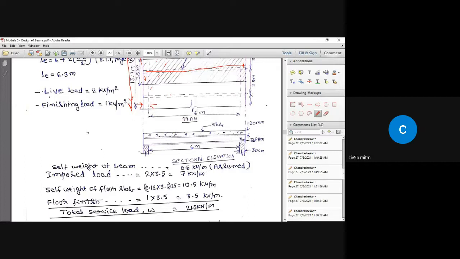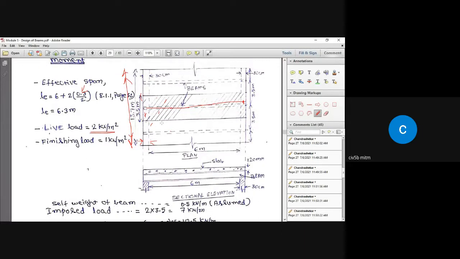Then imposed load is 2 kilonewton per meter square. That is, live load is 2 kilonewton per meter square. So what it means is, if you consider 1 meter area, the load on this area is 2 kilonewton.